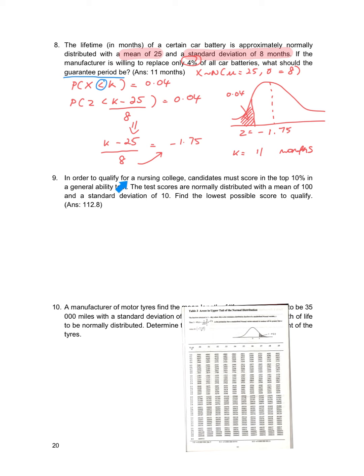In order to qualify for a nursing college, candidate must score in the top 10% in a general ability test. The test scores are normally distributed with mean of 100 and a standard deviation of 10. Find the lowest possible score to qualify.